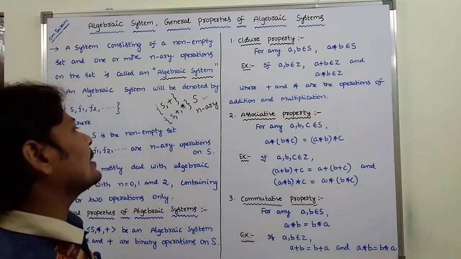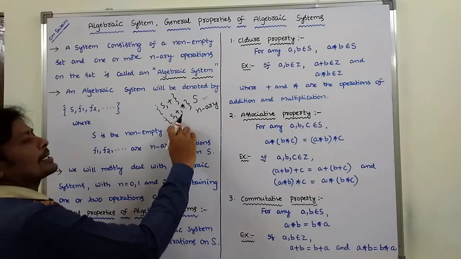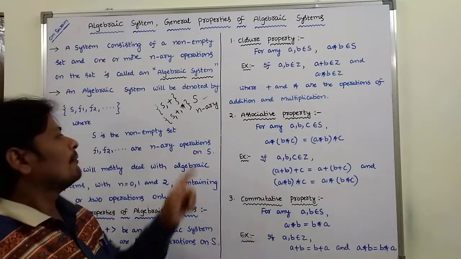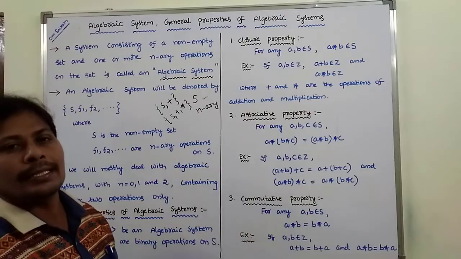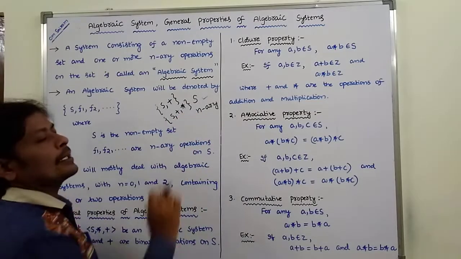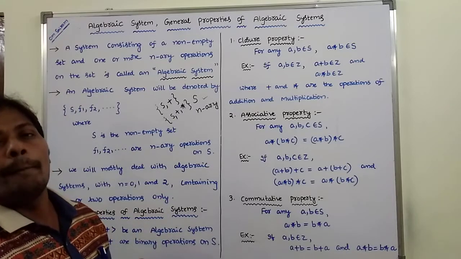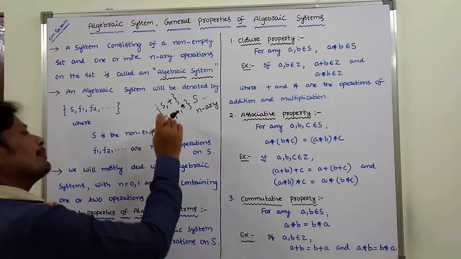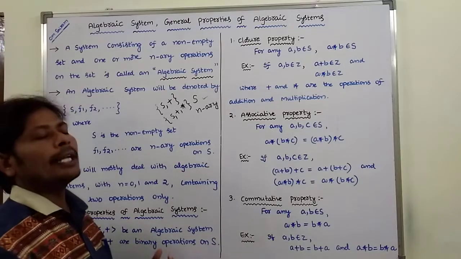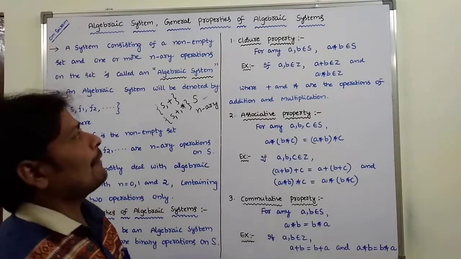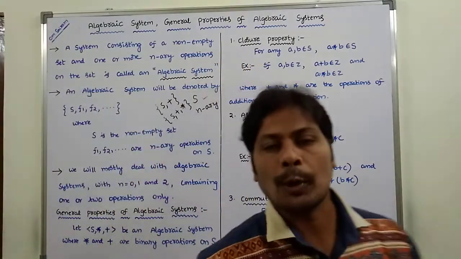Suppose we take the algebraic system S comma plus comma star, where S is the non-empty set and plus and star are the binary operations performed on the non-empty set S. First property, closure property.